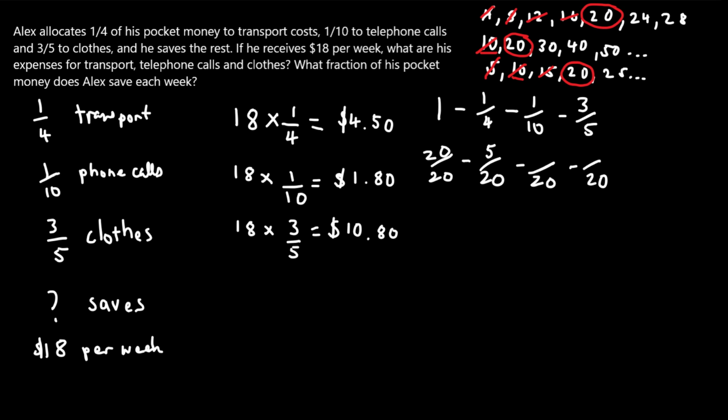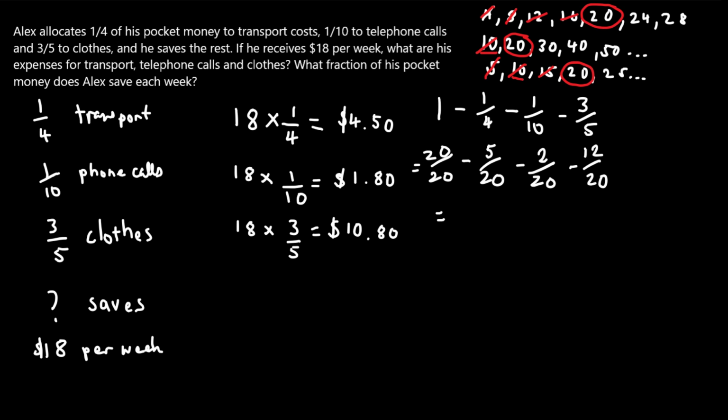Next up, 1/10. To convert that into something over 20, I needed to multiply the denominator by 2. So I'll multiply the numerator by 2 as well. The 3/5, I had to multiply by 4 on the bottom, so I'll multiply 4 on the top. Now, this is much better. All of our denominators are the same. We can work this out.